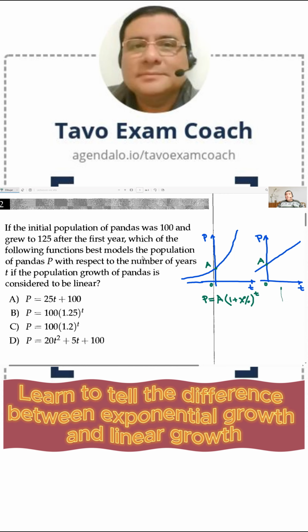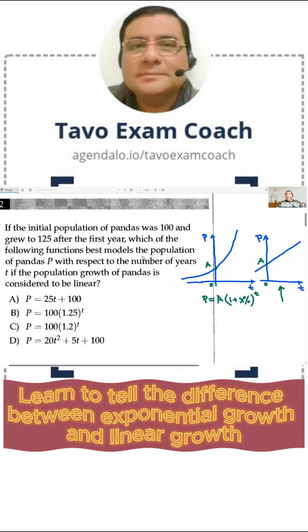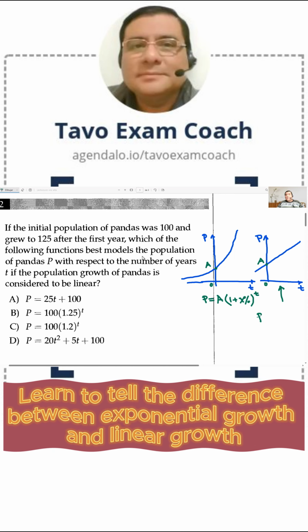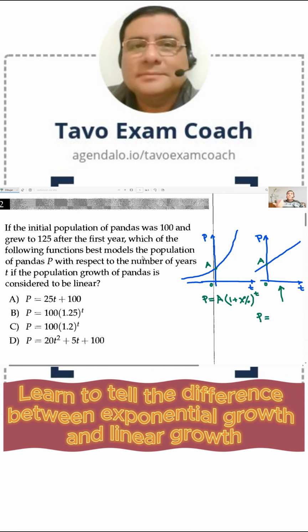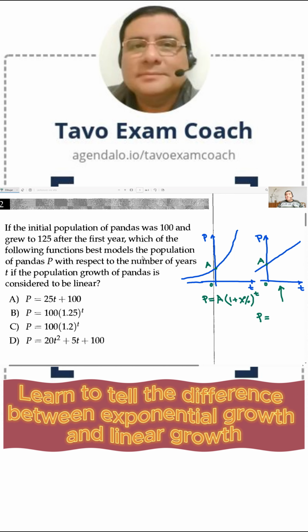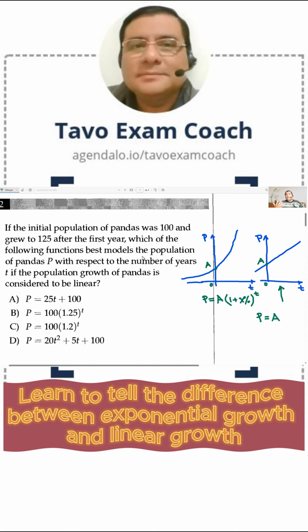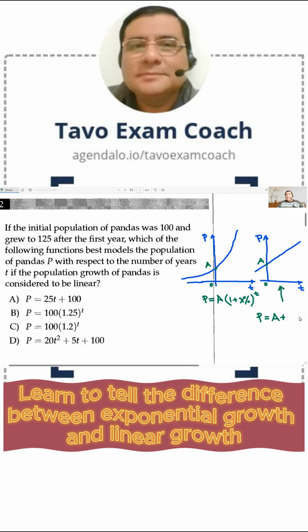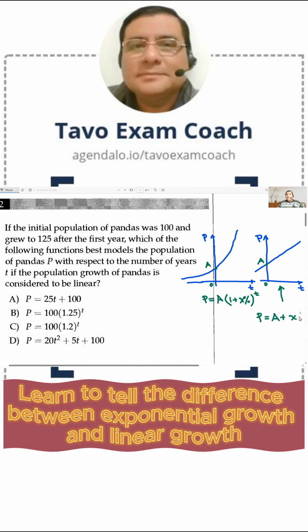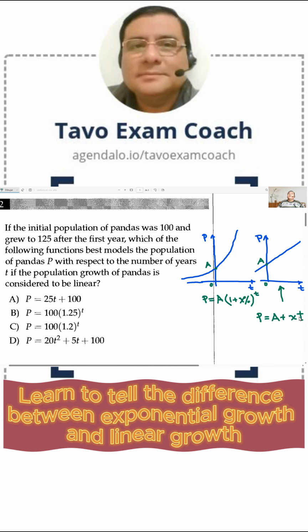While for the linear growth pattern, the size of the population after T periods of time is the size of the population at the beginning, at time 0, plus a fixed increase every unit of time that passes.